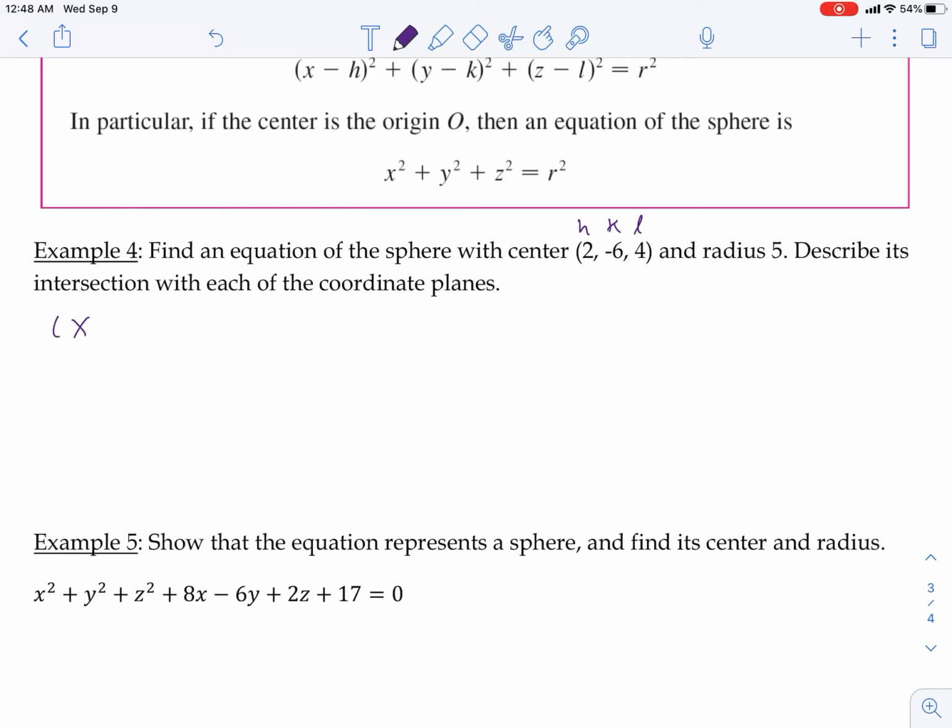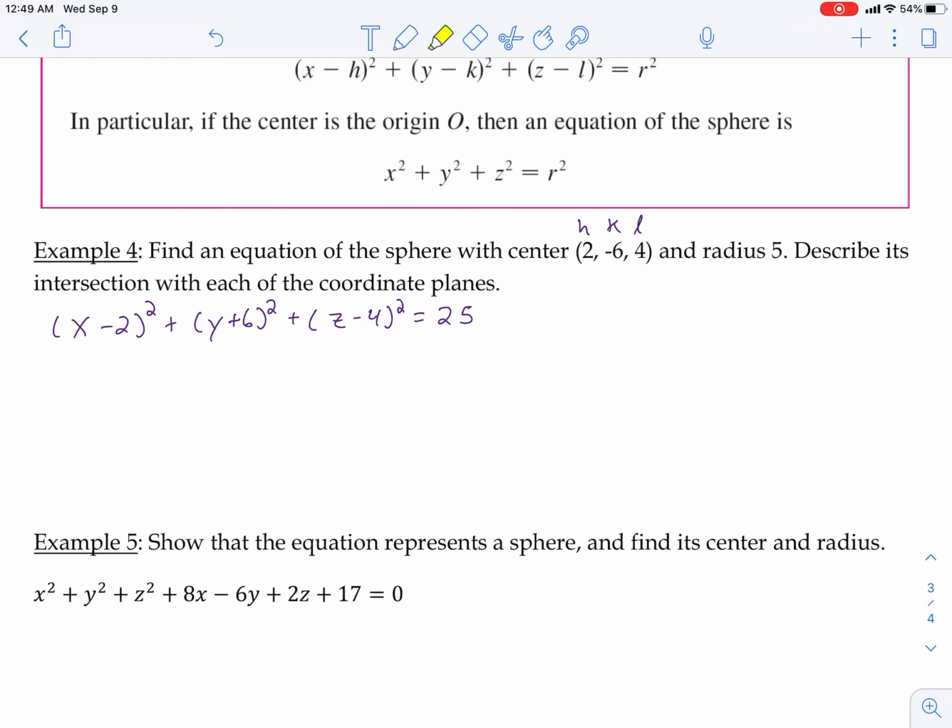So we have x minus 2 squared plus y minus negative 6, so y plus 6 squared, plus z minus 4 squared, and that's going to equal our radius 5 squared, which is just 25.